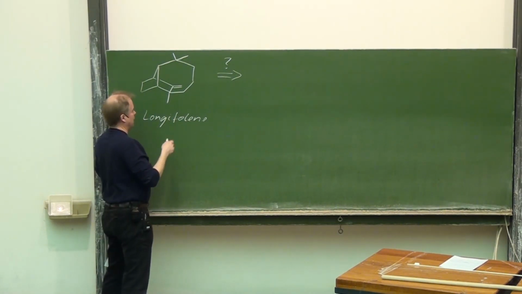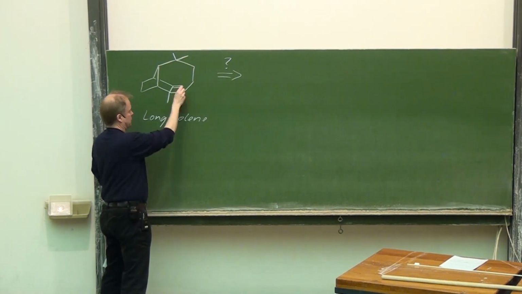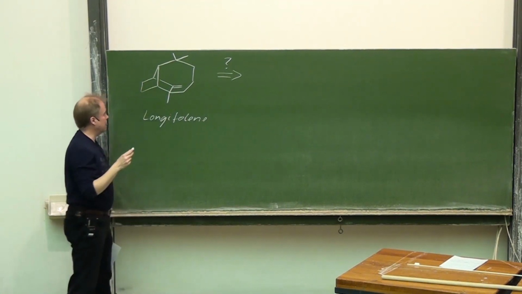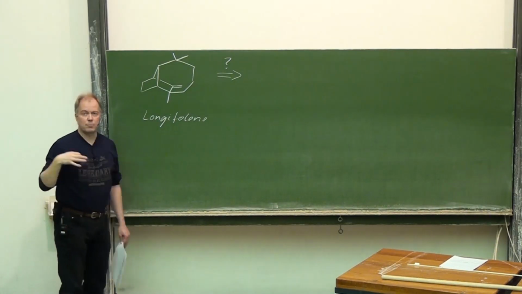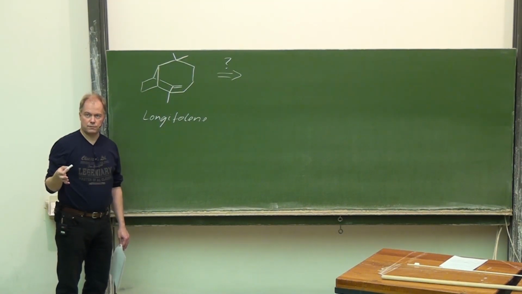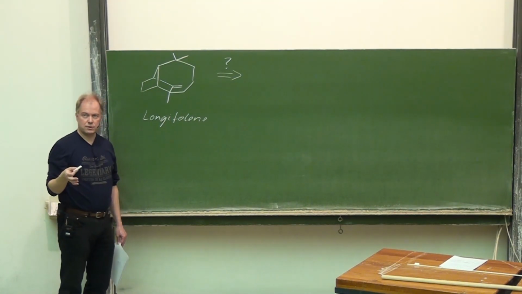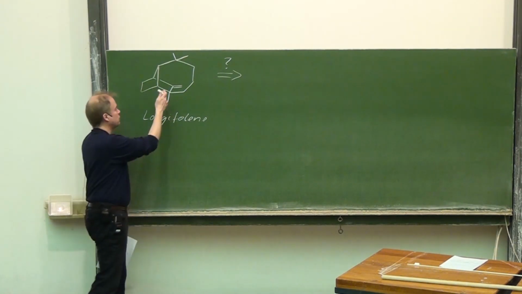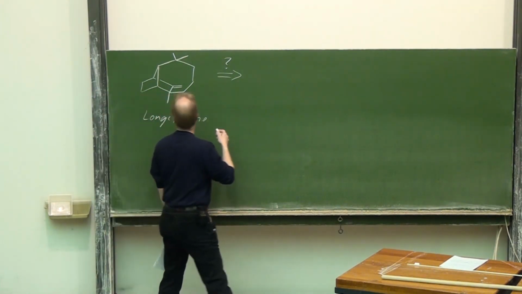However, under acid catalysis, we would have a protonation here. Then we could have a cation there, and with this cation, Wagner-Meerwein type rearrangements could occur, which are frequently observed at the norbornane skeleton and related compounds. So it makes sense to get rid of that olefin in retrosynthetic analysis.